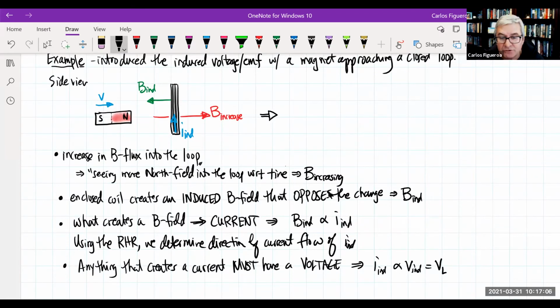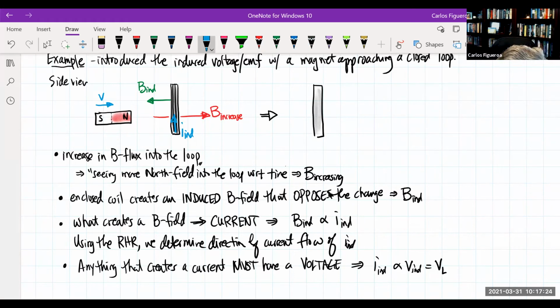The true picture is that we look at our coil and draw a power supply. What creates that current?